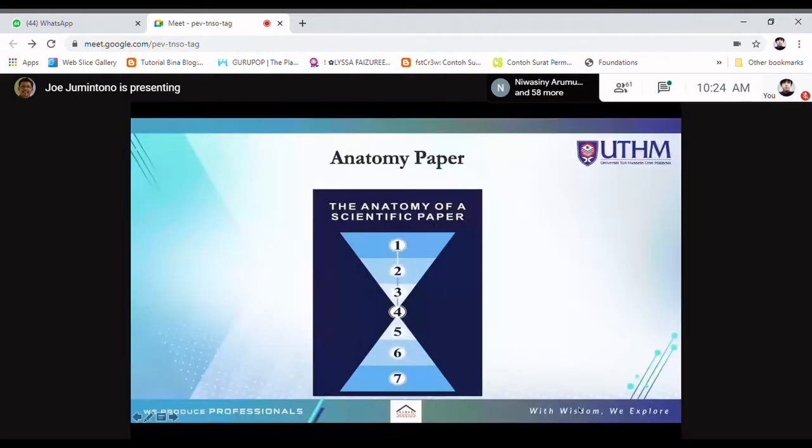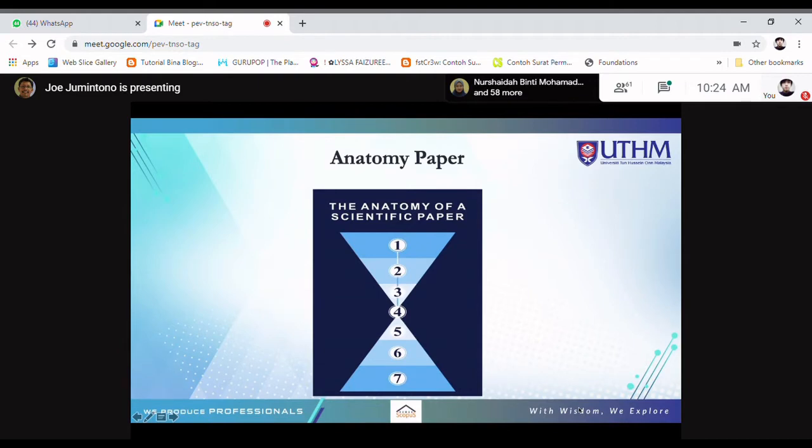This is the anatomy of a paper. Paper anatomy is like a slim body, from wide, from broad, narrowed, and then broad again.